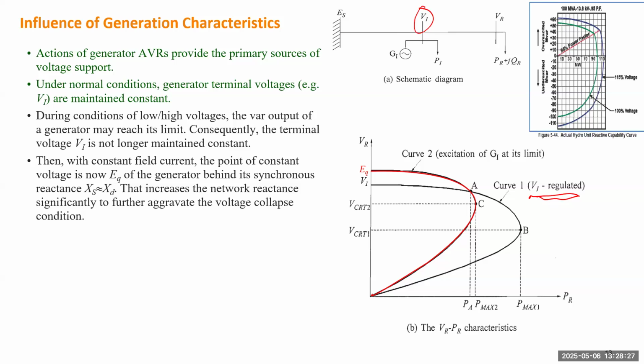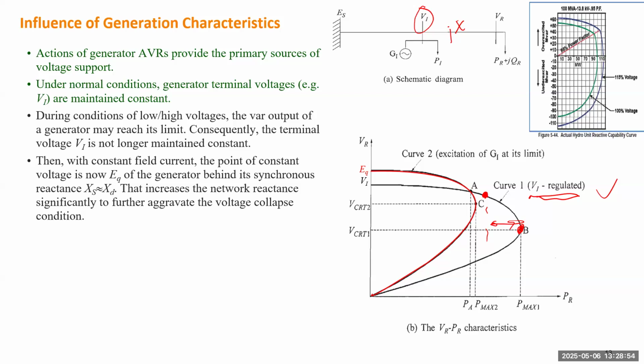So you're going to use VI and the reactance between VI and VR to draw the first PV curve. And assume right now you operate at maybe this point. It still has a lot of distance to the critical point. The critical point will be point B. The system is still stable in terms of voltage.